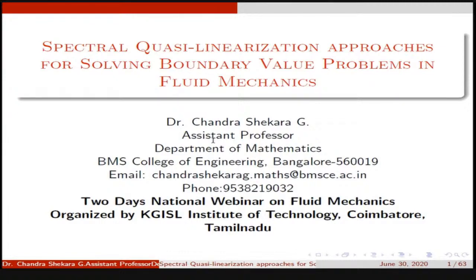He serves as a member in three academic national bodies: ISTAM, IMS, and IAENG. His areas of research specialization are heat and mass transfer, homotopy analysis method for fluid flows, convective instabilities and surface instabilities, Lattice-Boltzmann modeling of fluid flows, and spectral methods for fluid flow problems.